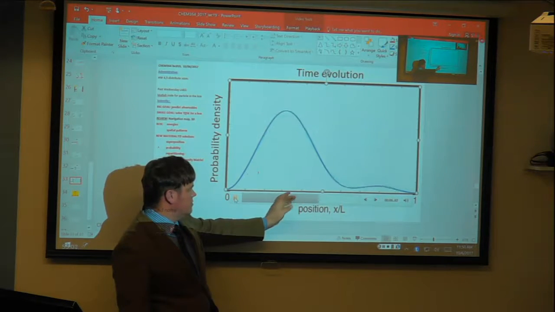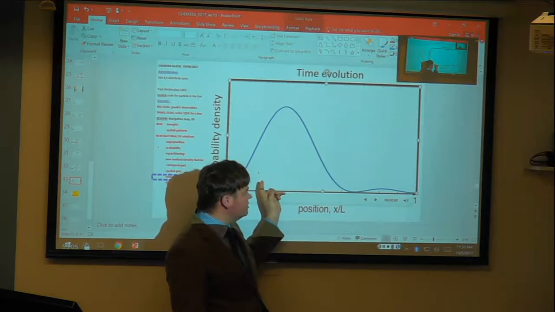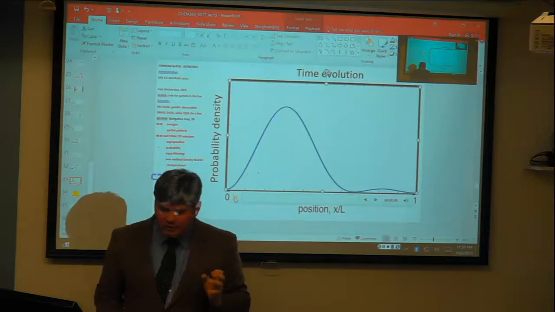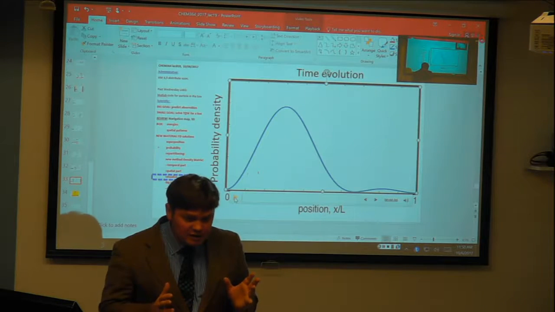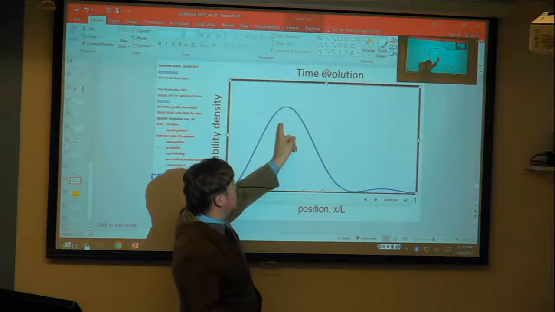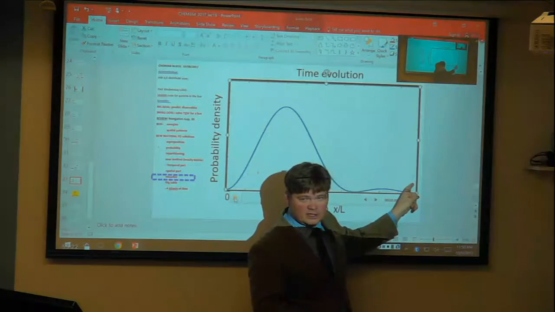So there will be larger or smaller probability for the electron to be near the left or right side of the box. And contrary to the expectations from our everyday life and classical theory, there will never be probability for bumping literally into the side of the box.